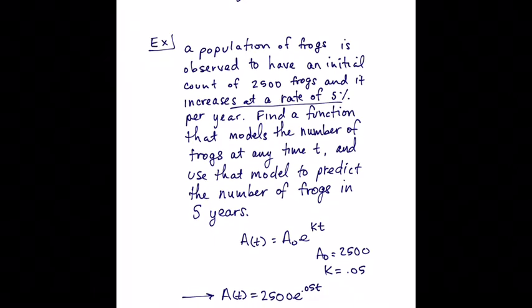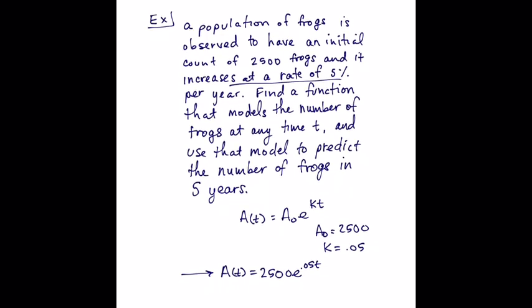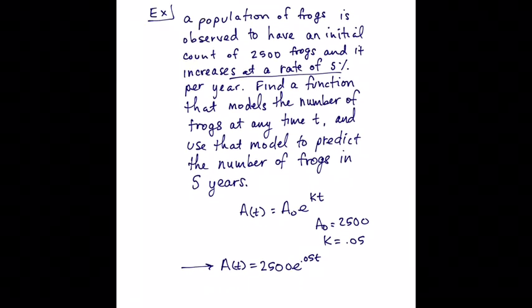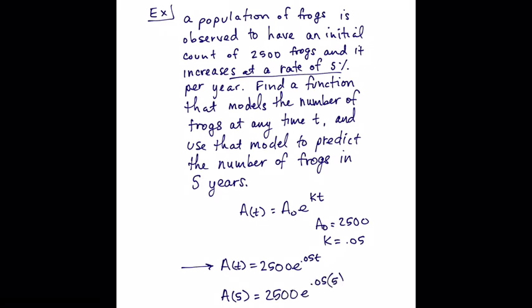You can use this model to make predictions now, or to make estimates for some future amount of time, in this case 5 years. So now use this model to predict the number of frogs in 5 years. All we've got to do is plug in a value for time, in this case 5, and run it through a calculator. So the amount after 5 years is 2,500 e to the 0.05 times 5.